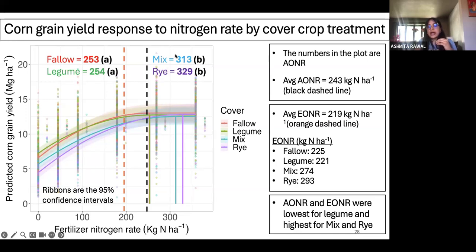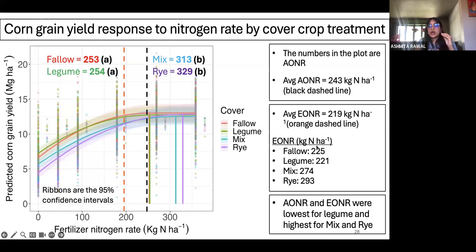Mixture and rye had higher agronomic optimum nitrogen rate, but they were not different from each other, whereas agronomic optimum nitrogen rate was significantly lower for legume as compared to mixture and rye. And this black dashed line shows average agronomic optimum nitrogen rate, and the orange dashed line shows economic optimum nitrogen rate, which was 219 kilogram nitrogen per hectare. And average agronomic was 243 kilogram nitrogen per hectare. And this is averaged across treatments.